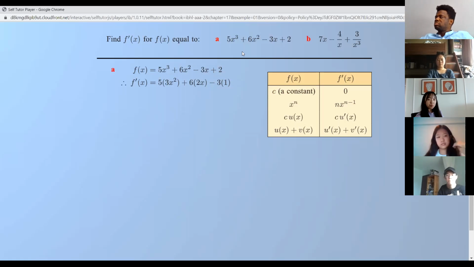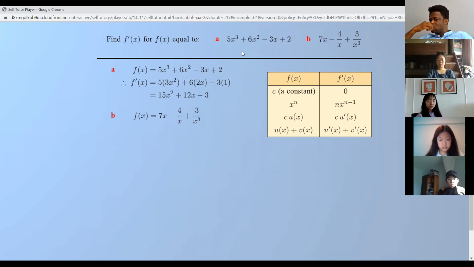We then expand the brackets to find the derivative. In part B, we notice that the last two terms are not written in the form of a constant multiplied by a power of x. We use the laws of exponents to write the terms in this form.